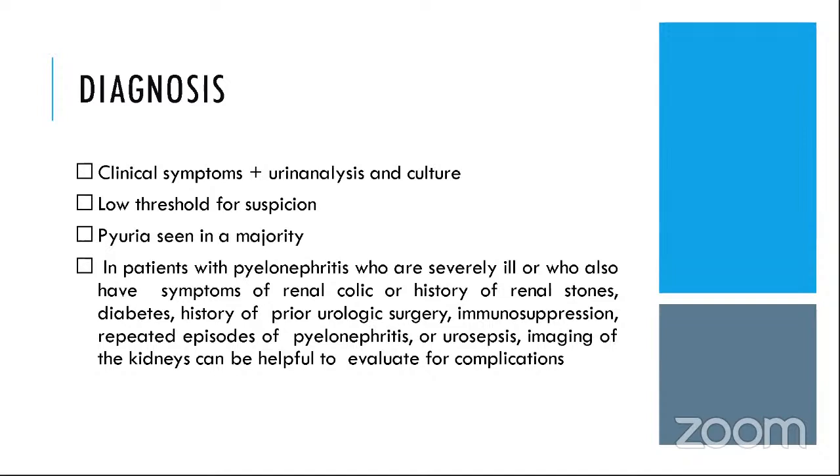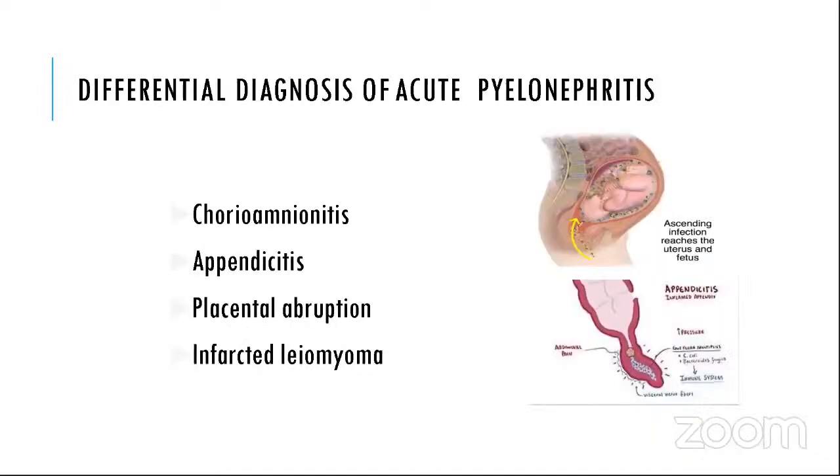Those who are severely ill may have symptoms that mimic renal colic, renal stones, and past history of urological surgery or personal history of immunosuppression, repeated episodes of pyelonephritis, sepsis, and even imaging of kidneys and diagnostic urographic studies, etc. may involve these conditions.